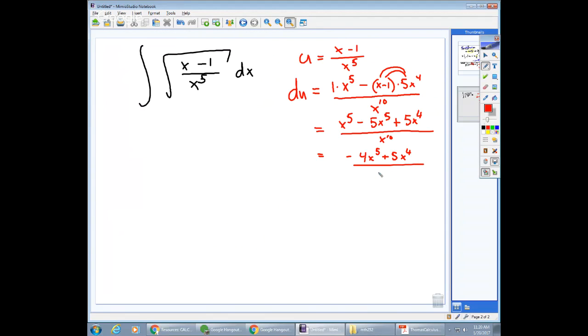And we can factor out an x to the 4th from the top. So we could say this is x to the 4th times negative 4x plus 1. And that'll cancel with part of the x to the 10th. So it looks like we have negative 4x plus 1 over x to the 6th. And the whole time here, we should have had a dx hanging out at the end here.